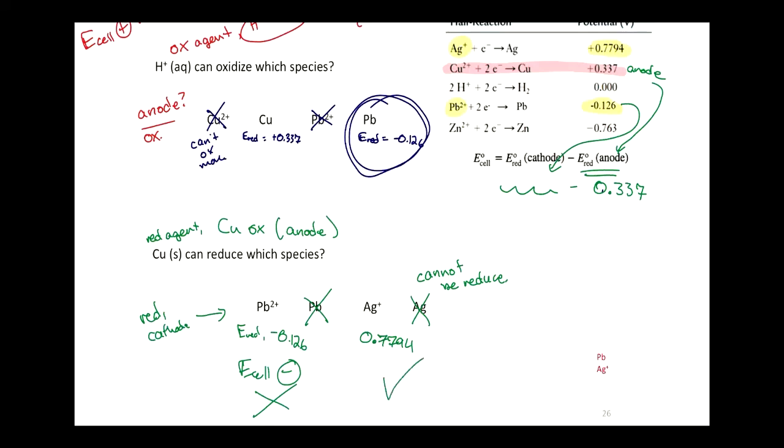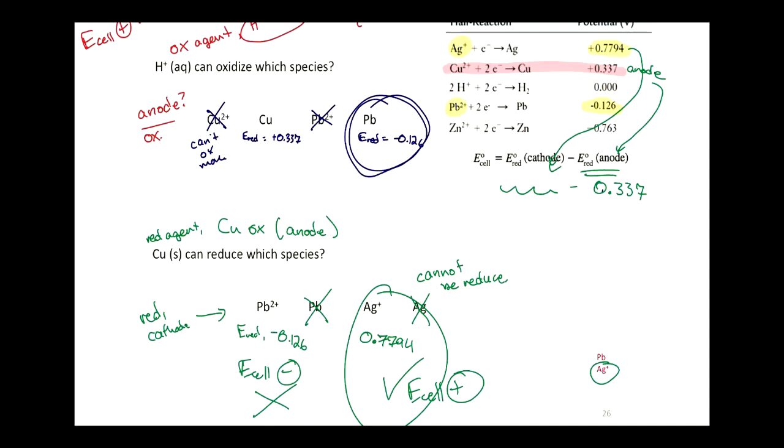But if we use the silver example here, if we plug in that 0.77 number into that spot instead, we do get a positive cell potential come out. All right, so our only answer here is silver+. If you mix together silver+ and copper solid, you will see a spontaneous reaction happen, but it's all about the wording here.